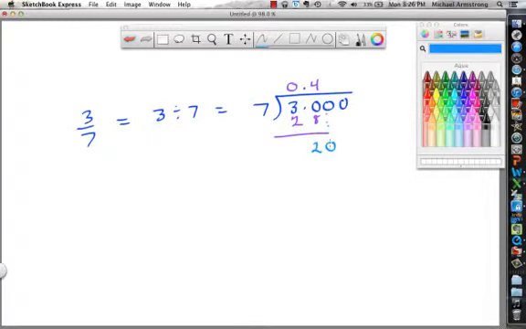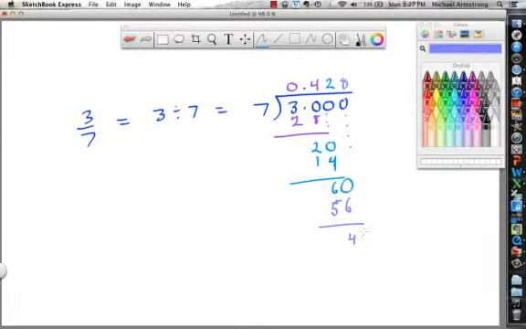Bring down our 0. 7 goes into 20. Not 3 times. That's too many, so we have to go twice. That's 14. And then we have 6. 20 take away 14 is 6. Bring down the 0. Change colors again just for fun. 7 goes into 60. 7 times 8 is 56, right? 8 times 7 is 56.